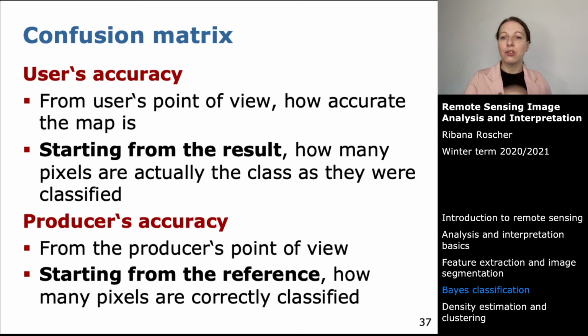So you start from the result, what you produced, and then you have a look at how many pixels actually are the class as they were classified. And the producer's accuracy is from a producer's point of view. So you start from the reference, and you have a look at how many pixels are correctly classified.